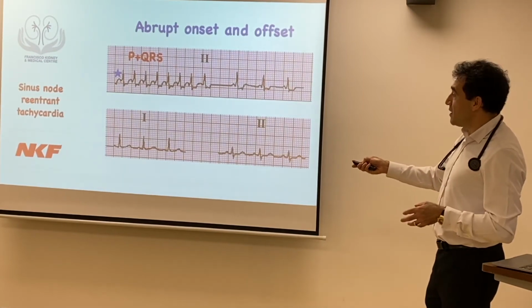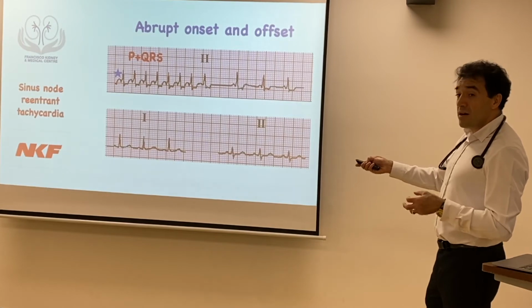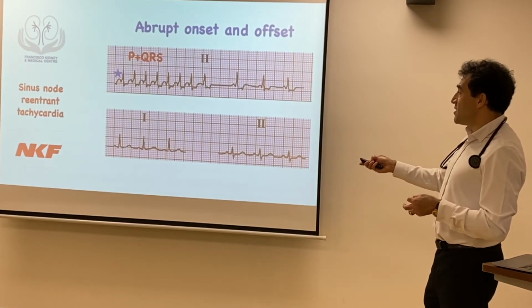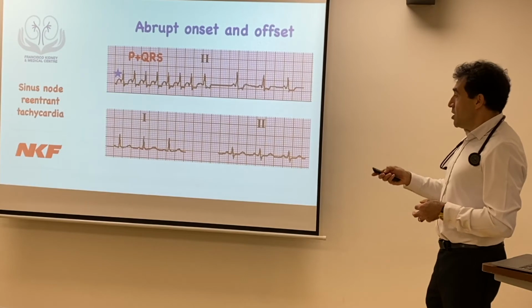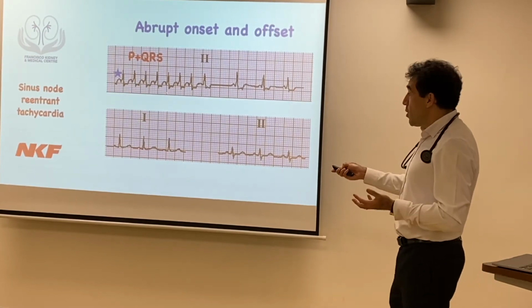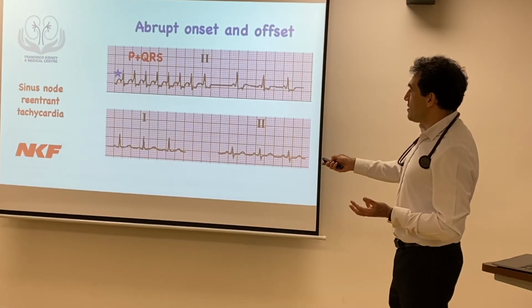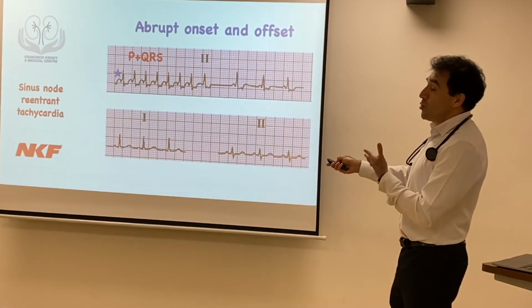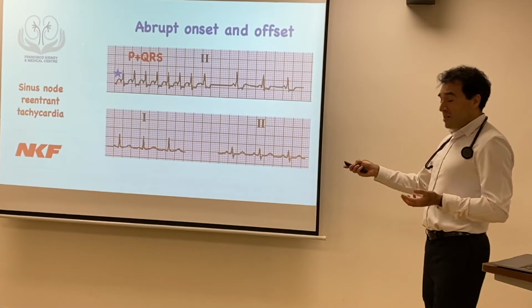There is no PR length and then the QRS, there's no gap here. So you might forget this is sinus or whatever tachycardia. You know that the patient is tachycardic, it looks a bit normal, but something is not right.